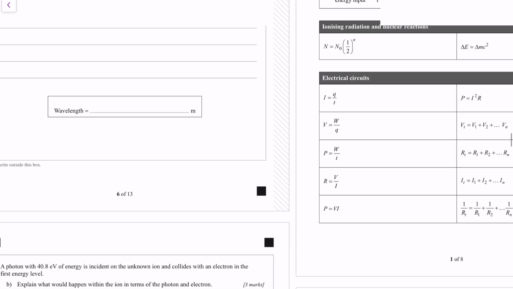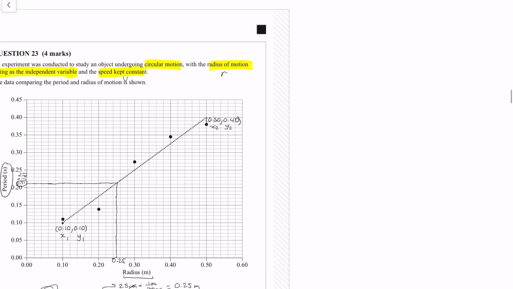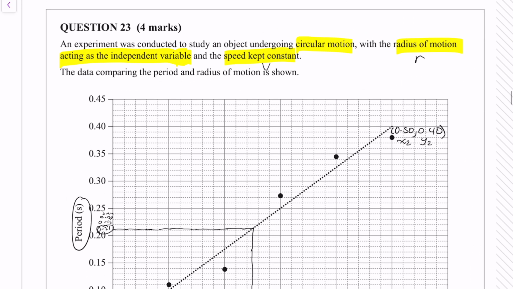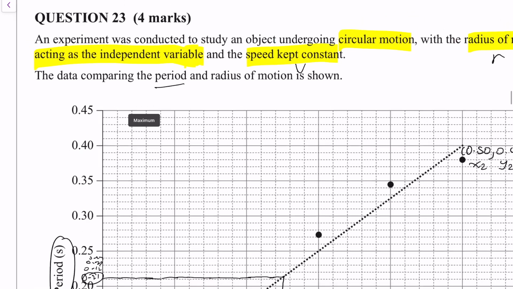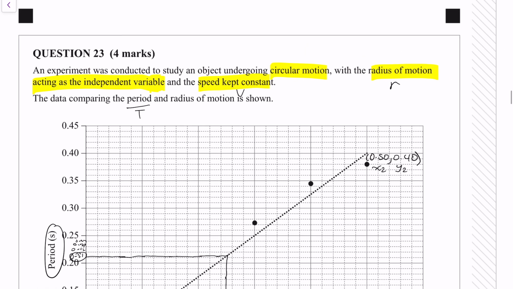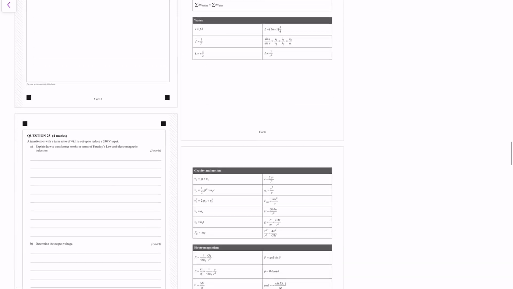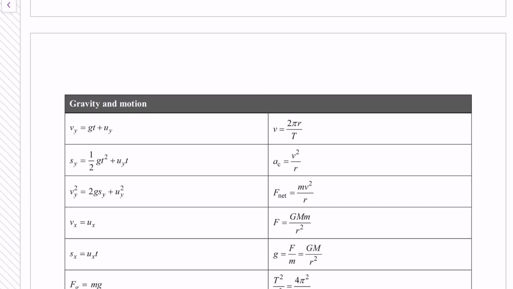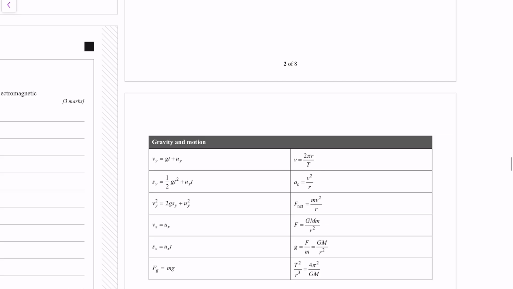Oh, and also period is on the y-axis, as in this next sentence, data comparing the period, so that's my capital T. So I need to find a formula that uses lowercase v, lowercase r, and uppercase T. So I'll just go to my gravity in motion section. I know where I can find it. It's this formula right here, v equals 2 pi r over T, big T.